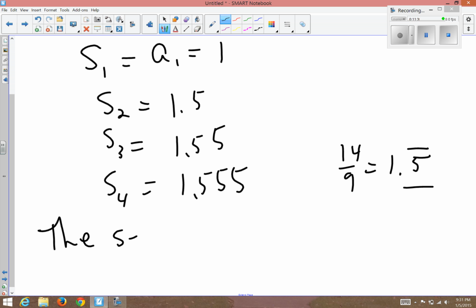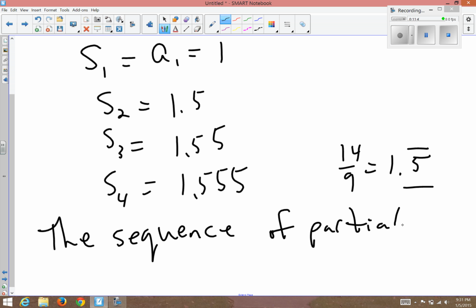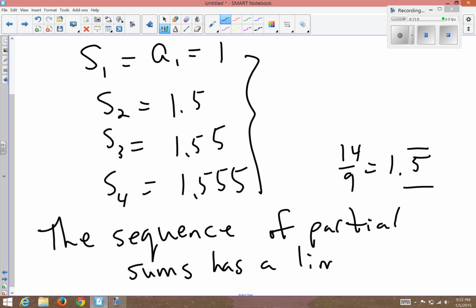The sequence of partial sums in this list of numbers right here has a limit as n approaches infinity.